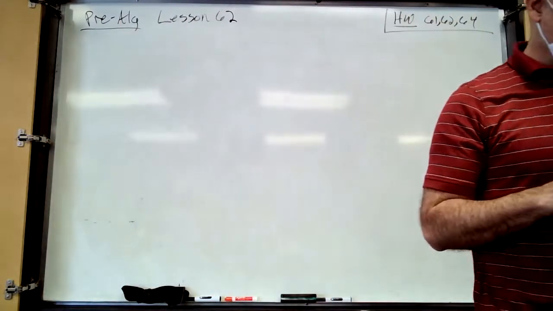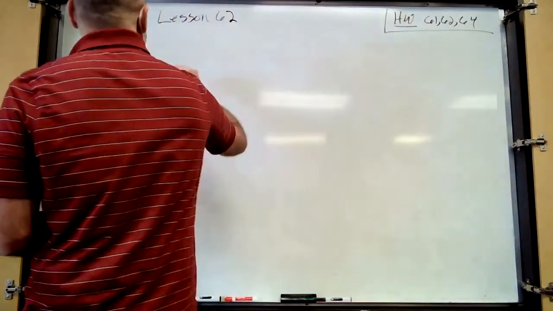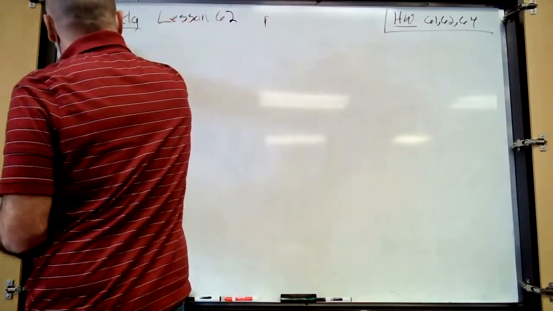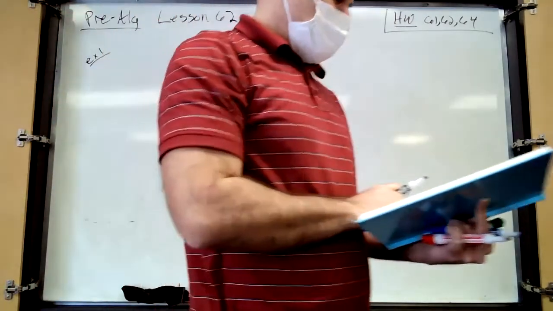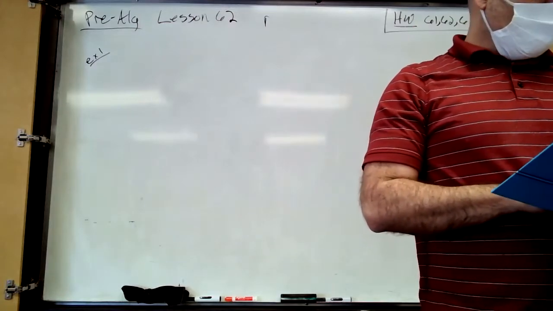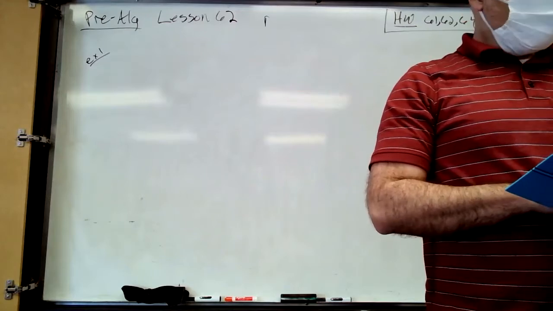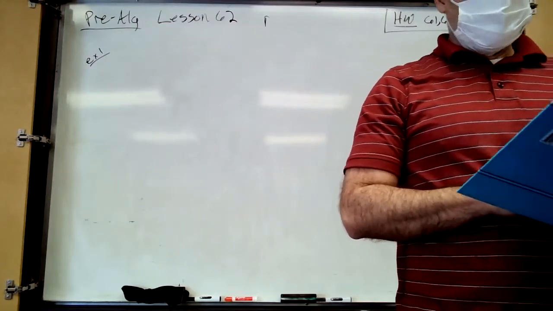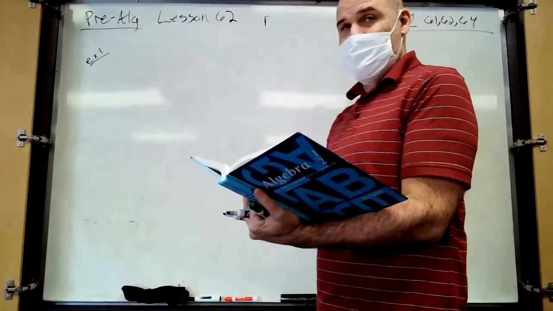Ready? Here I go. Example number 1 on page 198. This is the solutions manual, example 1, page 198, so you can look at this later. That's the solution. Here we go. 5/8 of the gnomes who lived in the magic forest had happy faces.